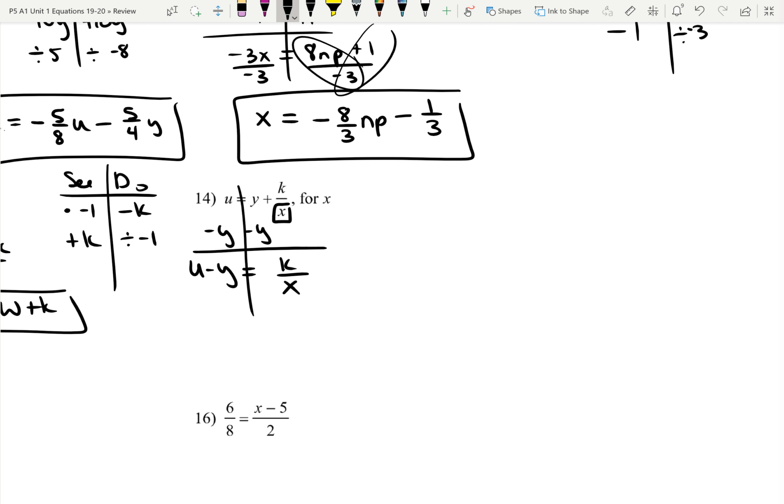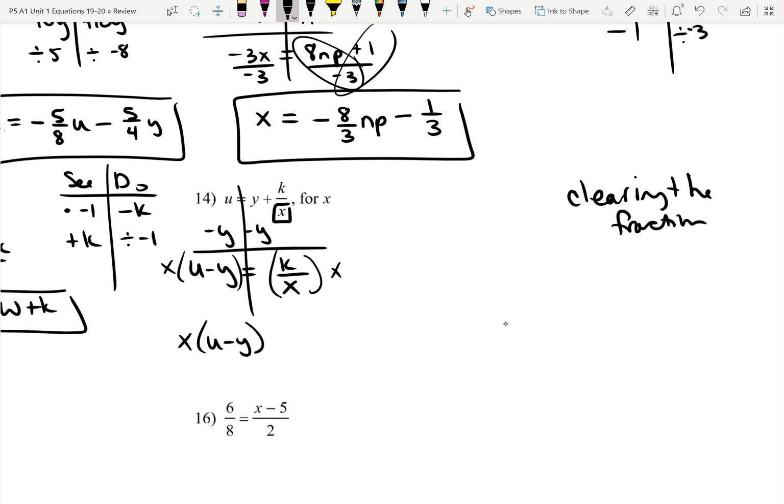Now, if something's in the denominator, we know the technique of clearing the fraction. So if we multiply both sides by that denominator, we'll have x times u minus y equals k, since x divided by x cancels out on the other side. Now, you might feel like you should distribute, but there's actually an easier option.